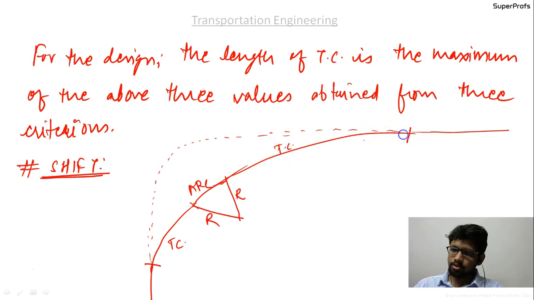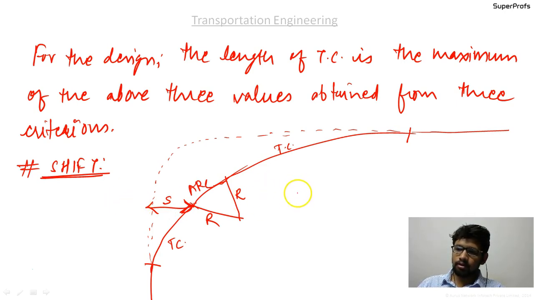This distance by which the road is being shifted is called the shift, and that is given by the formula S equal to Ls square upon 24R.